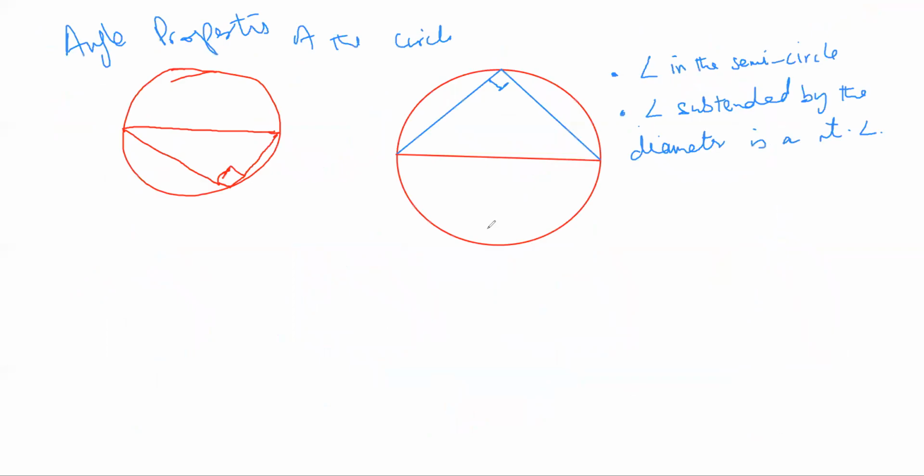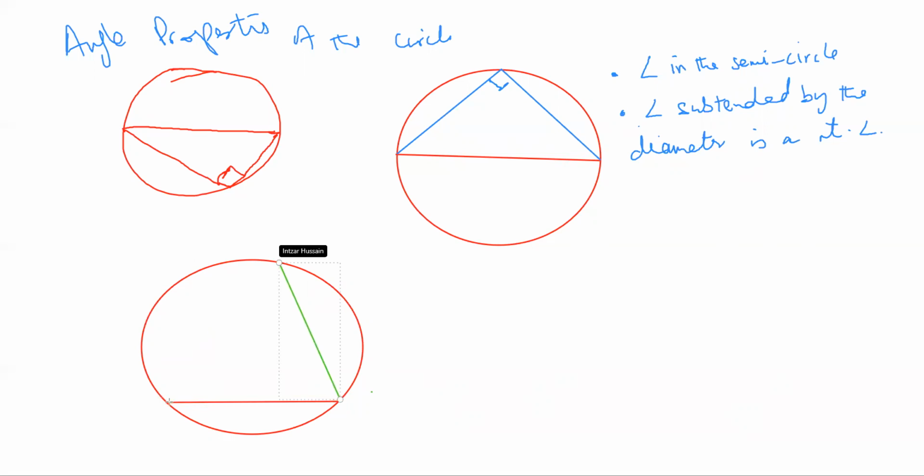So we are going to go into the second property, which says that if inside a circle you have a chord, and then you have an angle here from this chord, and another angle here, something like this, and one more angle here, which I draw in black.